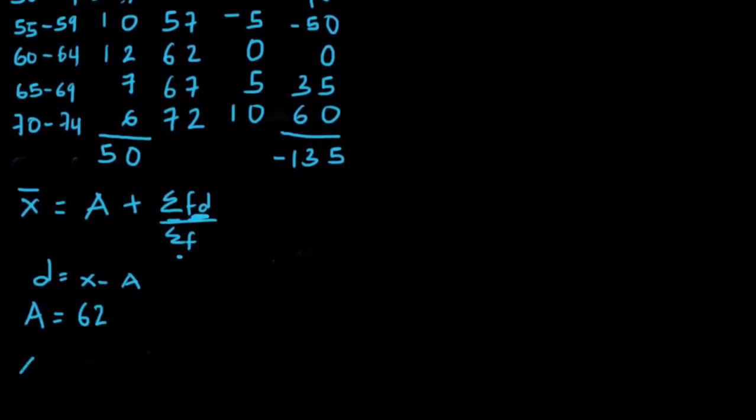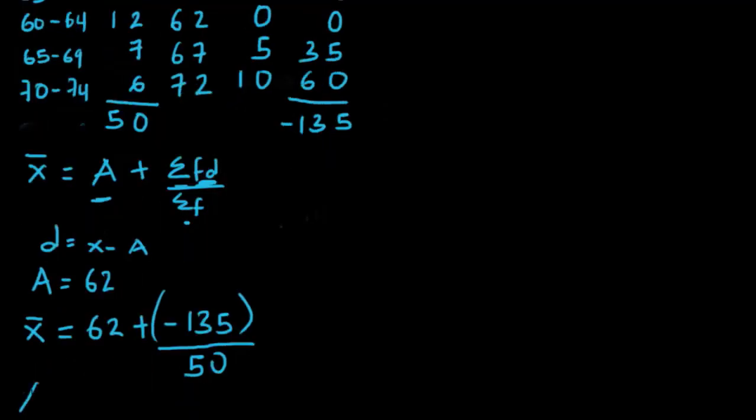So we have x bar equals the assumed mean, 62, plus minus 135, in brackets because we shouldn't have two signs together, all over summation f, which is 50.